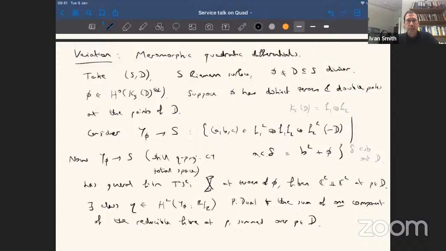So the Fukaya category of a symplectic manifold is really a collection of categories, one for each class in H² with mod 2 coefficients.